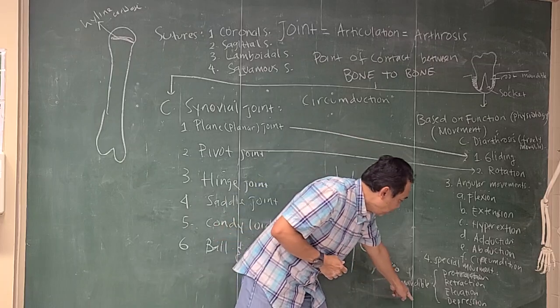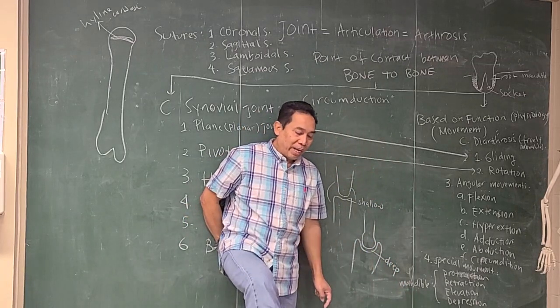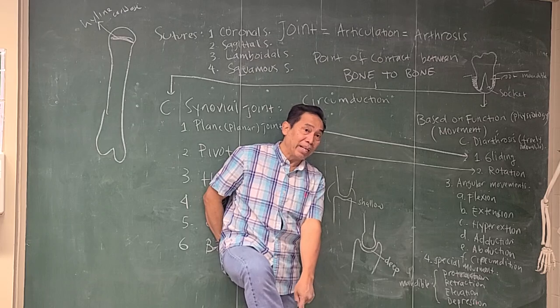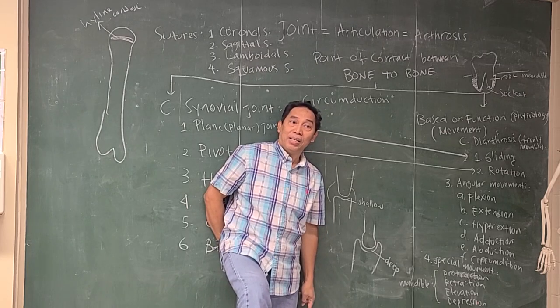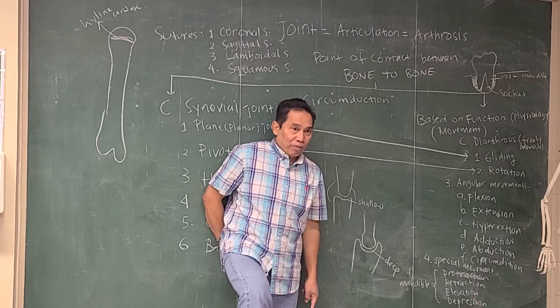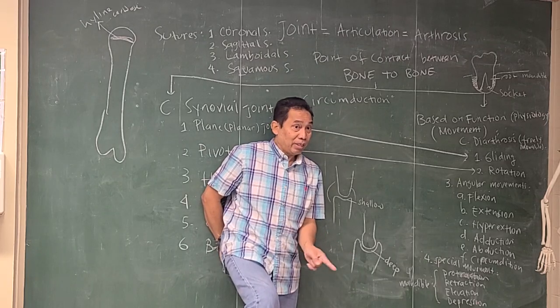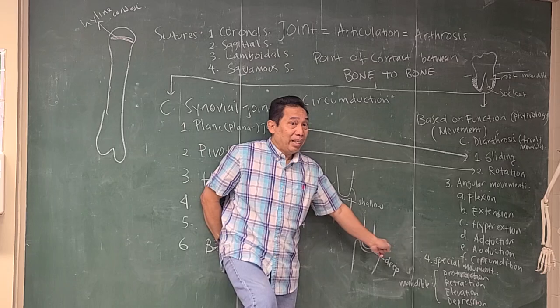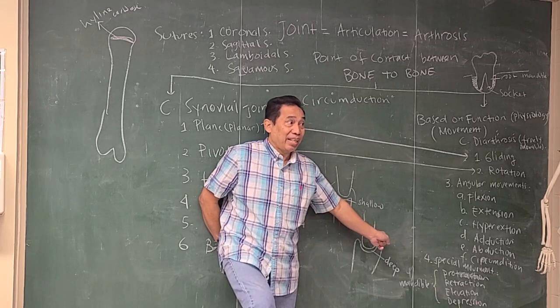The last one is movement on the foot. Like this, okay here. So mostly you are going to have a lot of plane joints over there, between the tarsal bones. Now if you move like this, boom, to the middle, it's called inversion. Inside. Get it?